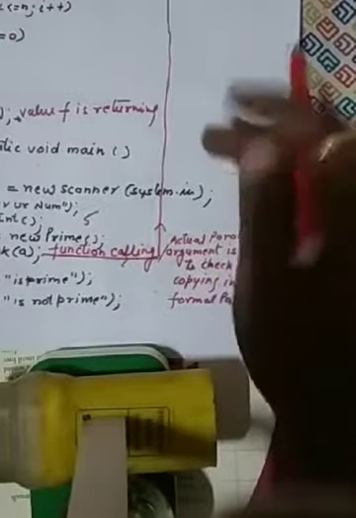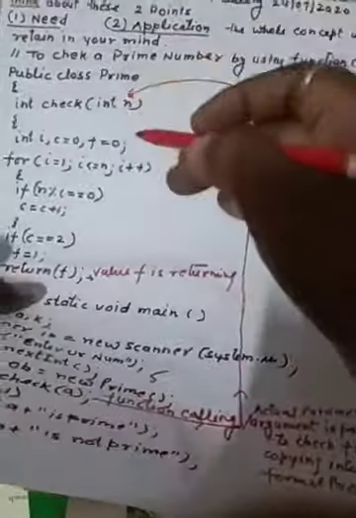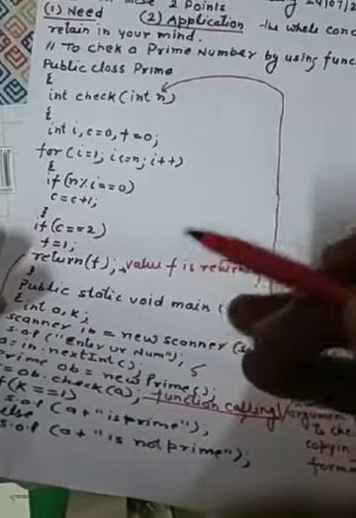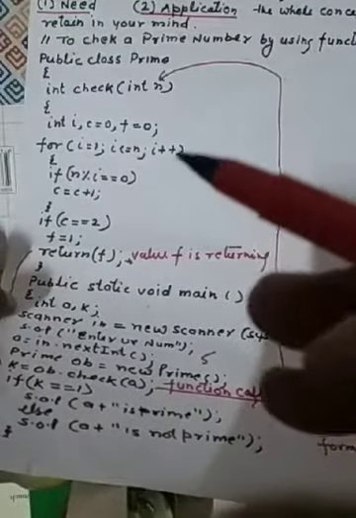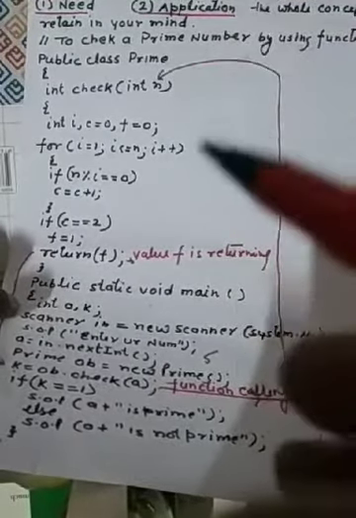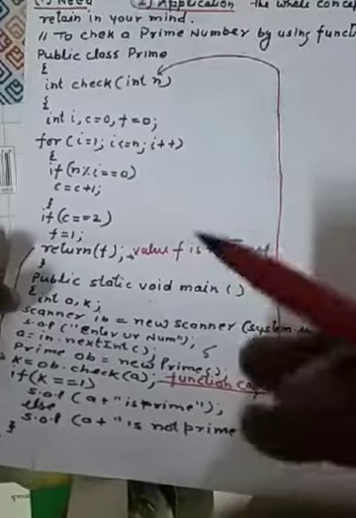That is the formal parameter; in function calling, a is the actual parameter, and where it is copied is known as the formal parameter. So this is a program for function calling, or you can say function invoking, through pass by value or call by value. Okay, thank you.